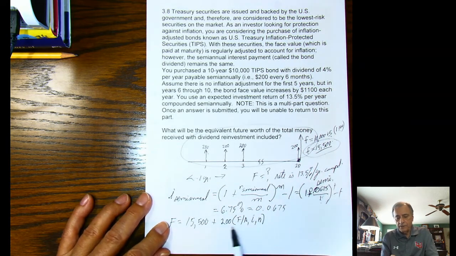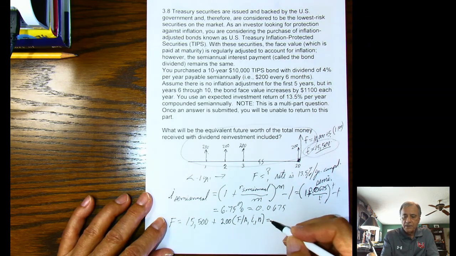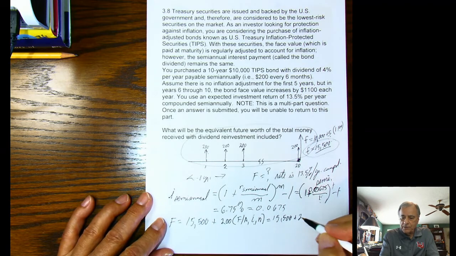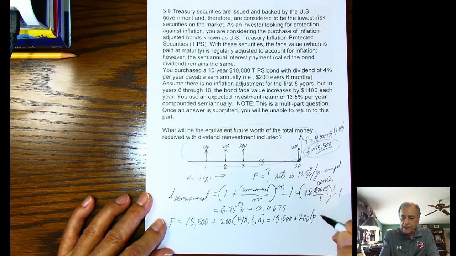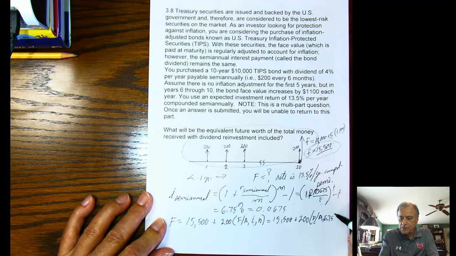Now, these are payments per semi-annual period, so that's got to be the semi-annual rate, and that's got to be the number of semi-annual payments. So this is going to be 6.75%, and this is going to be 20 because it's 10 years. So 15,500 plus 200 times F given A at 6.75% per 6 months and 20 6-month periods.